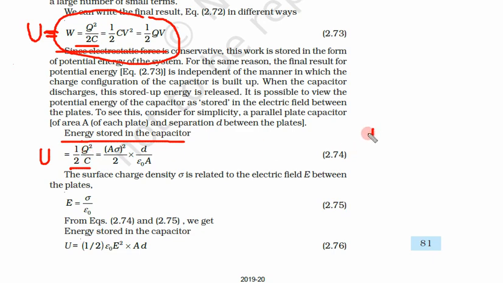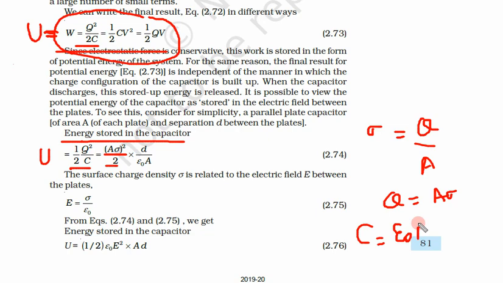We have seen that charge density sigma is equal to Q upon A. So Q is simply A sigma, so Q square is equal to A square sigma square. The 2 is here. And C, we have seen, is epsilon naught A by D. This is the value of C, so we put epsilon naught A by D.